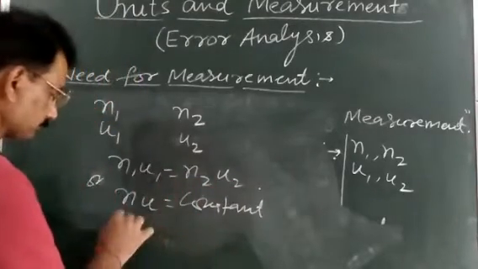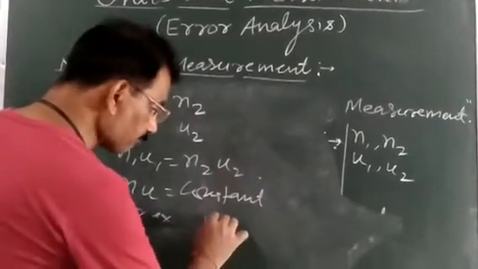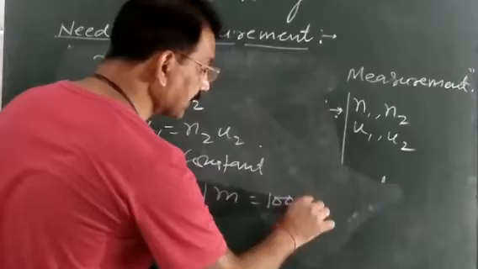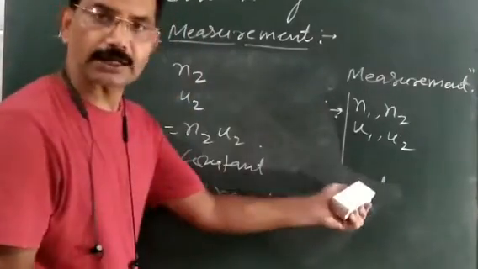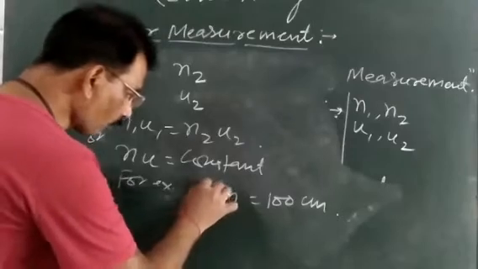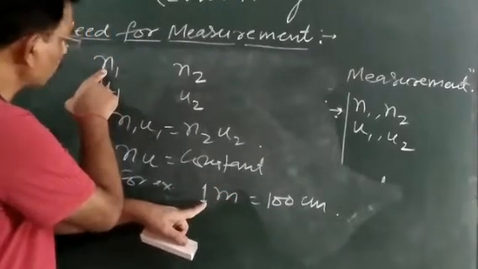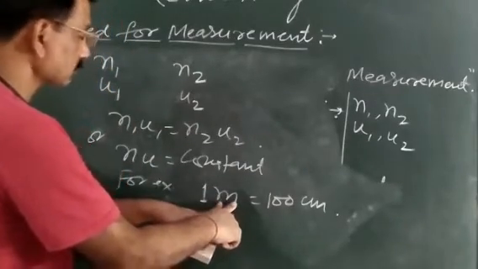For example, 1 meter is equal to 100 centimeter. This one is correct here. Here, 1 is the numerical value in the first system, and meter is the unit of the first system.